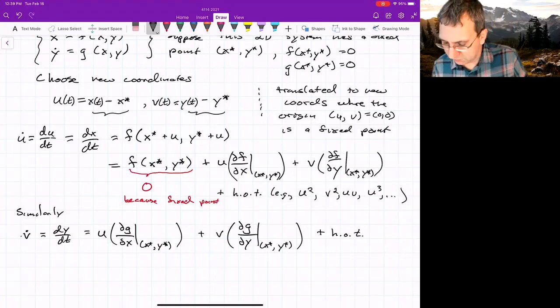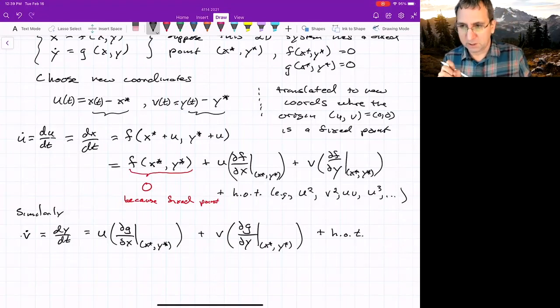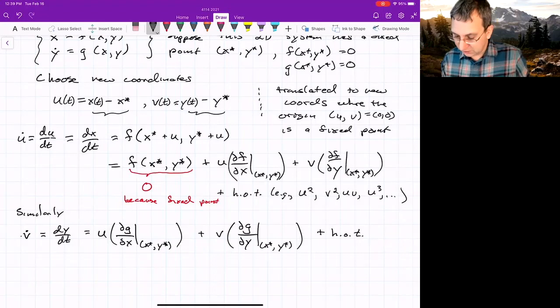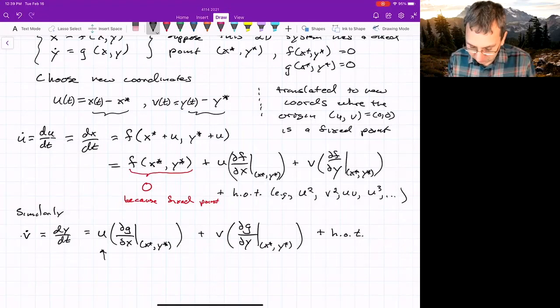We are assuming that we're only going to be looking at small distances away from the fixed point. So that means u and v are small. So these higher order terms, the quadratic terms, are extremely small. Right? We've got something that multiplies u here and something that multiplies v here.